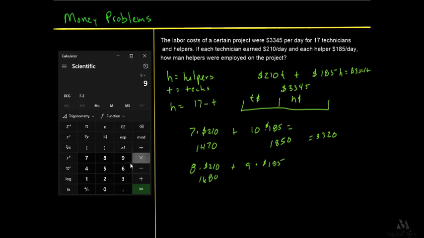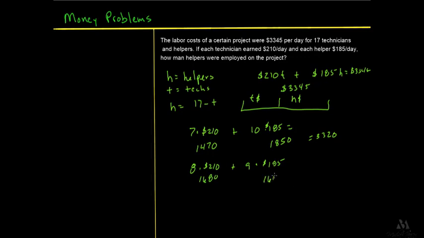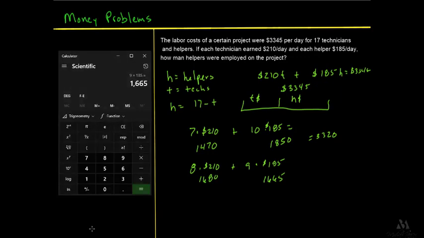And 9 times 185 is 1665. We'll add those two together. 1665 plus 1680. And there we go. 3,345.